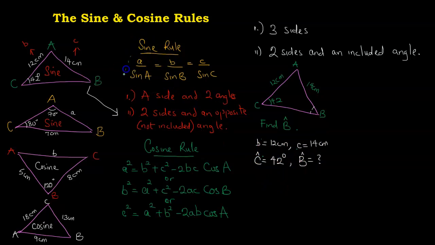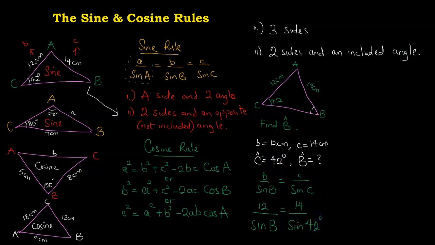So I'm just going to isolate A over sine A. I'm only going to be using B over sine B is equal to C over sine C. Substituting the given values here, I would have 12 over sine B, which is unknown, so that's just going to be B. Now c is 14 divided by the angle at C is 42 degrees, so this is just sine 42 degrees.